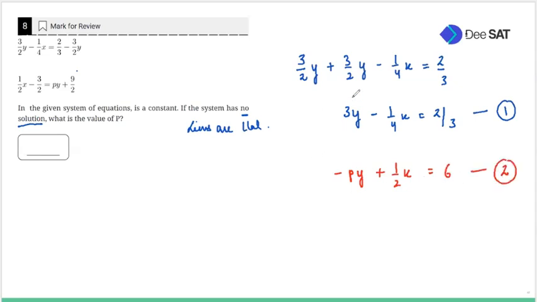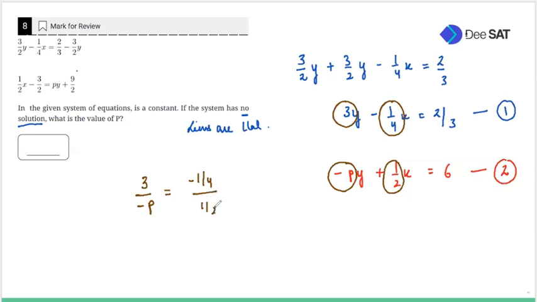Now you need to look at the coefficients of x and y. This is 3, this is negative p, this is negative 1 by 4, and this is 1 by 2. All of these must be in the same proportion. So I'm writing 3 divided by negative p must be equal to negative 1 by 4 whole divided by 1 by 2.